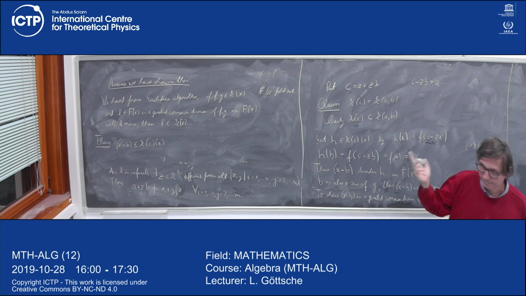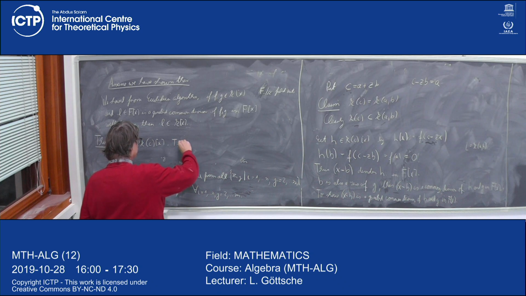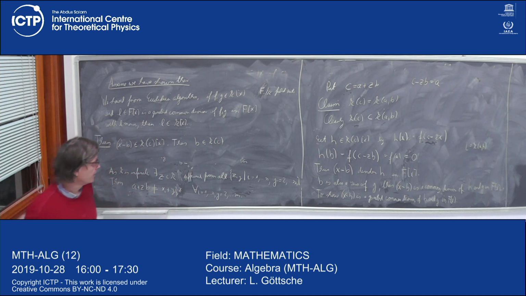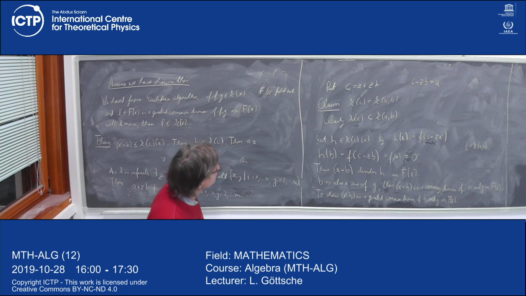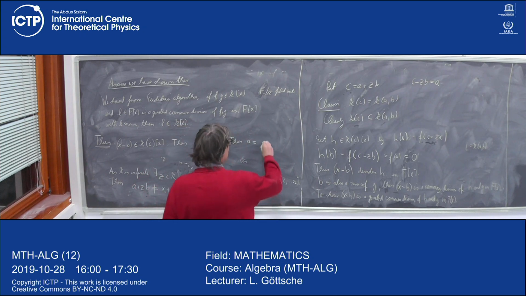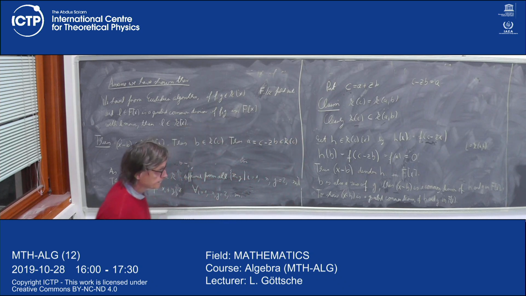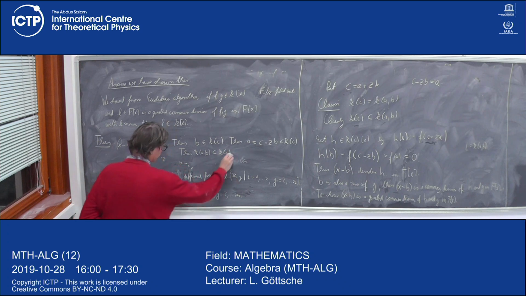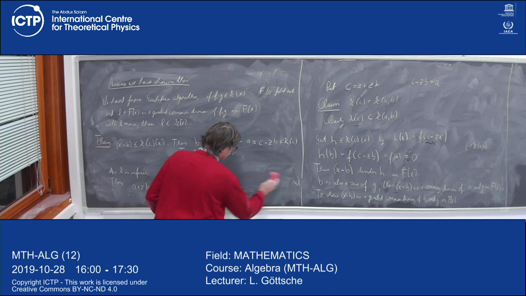So both of them are in K(c)[x]. Obviously this implies b is an element in K(c), and thus a, equal to c minus z b, is also in K(c). Thus K(a) is contained in K(c). So this is how it concludes. And so now I only have to show this thing with the greatest common divisor.